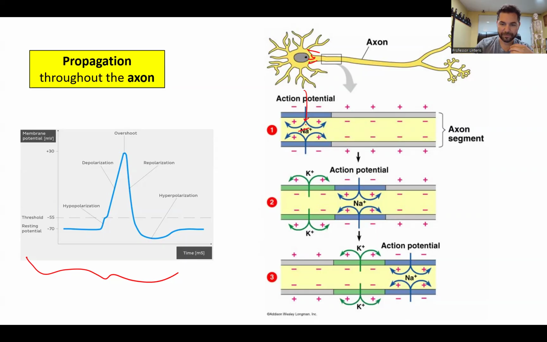Salt comes in, cell gets more positive. What does that do? Open up the next channels. What happens? Stuff comes in, gets more positive. What does that do? Open up the next channels. Sodium comes in, boom, gets more. So you can see that it's inching its way down, right?